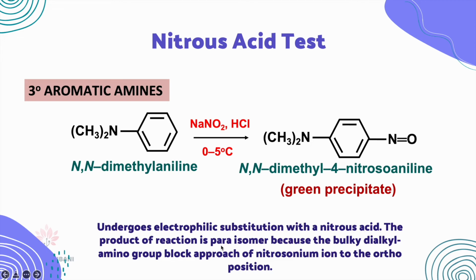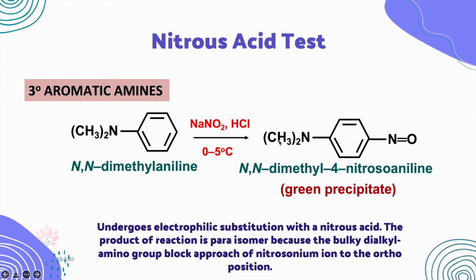The product is para because of the bulky dialkyl amino group. If you look here, this nitrogen has CH3, CH3. So it is hard for N double bond O to be attached here because it is bulky. It is hard to attach at ortho and difficult at meta, so it prefers para.